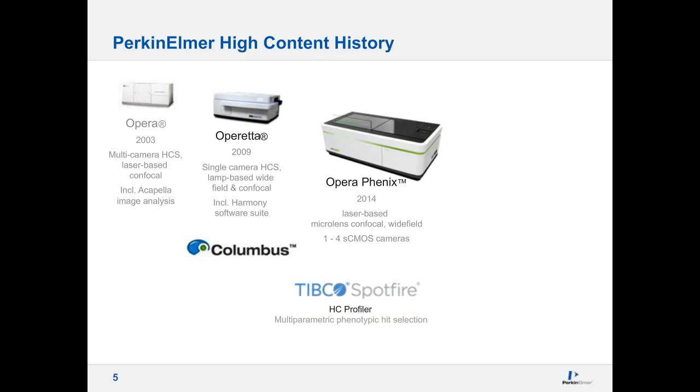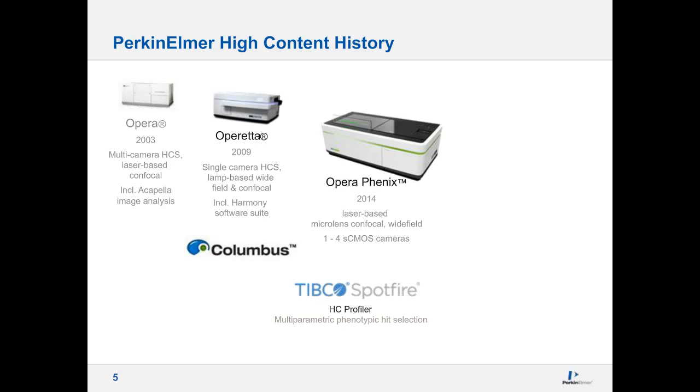We took the experience with the Opera and we brought the Operetta high-content analysis system, which was a lamp-based, simple desktop unit, which combined confocal imaging with a really easy-to-use Harmony software suite, which was hiding the power of Acapella underneath an easier user interface.